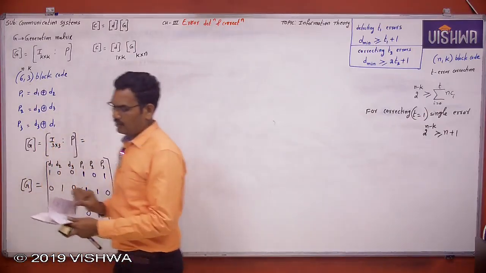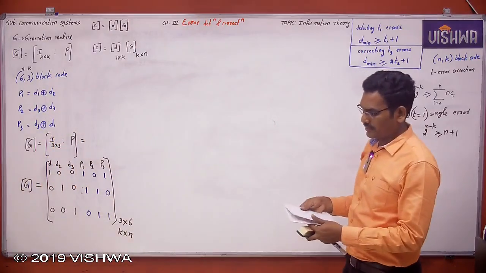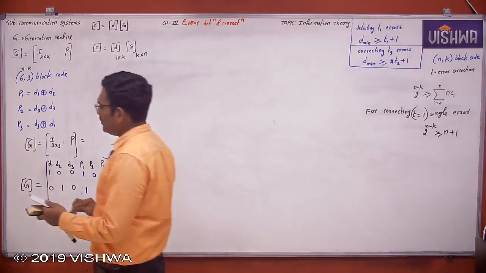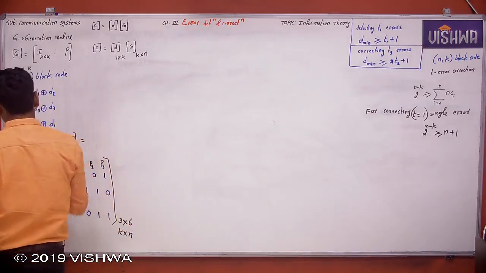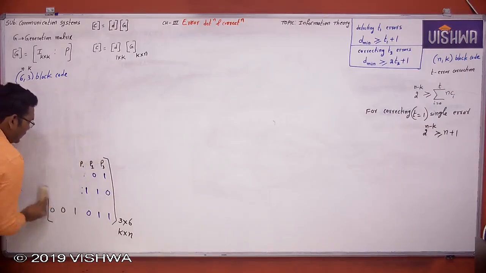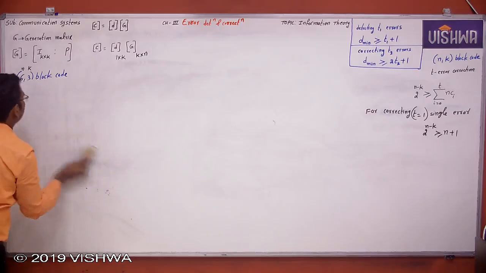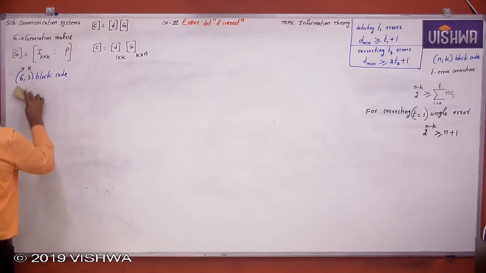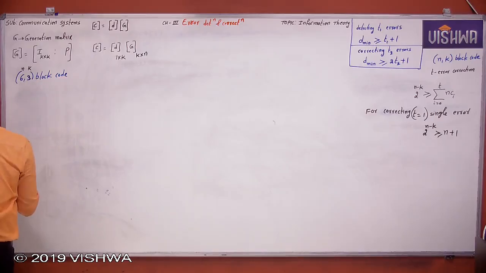Now see, here is one small question you can easily understand. In a 6,3 block code, the generation matrix is given like this.